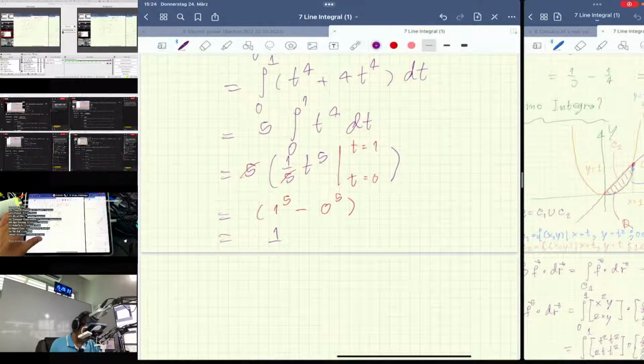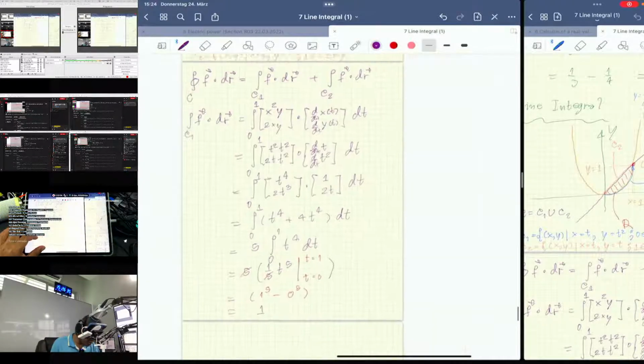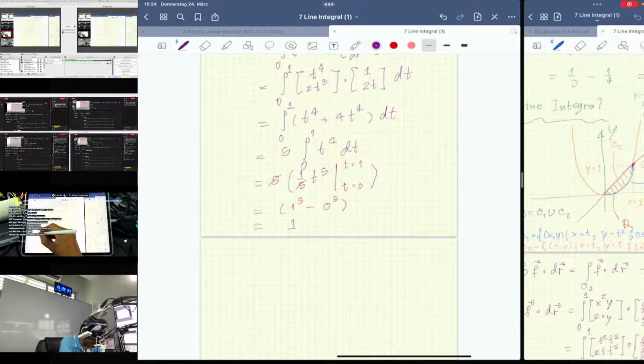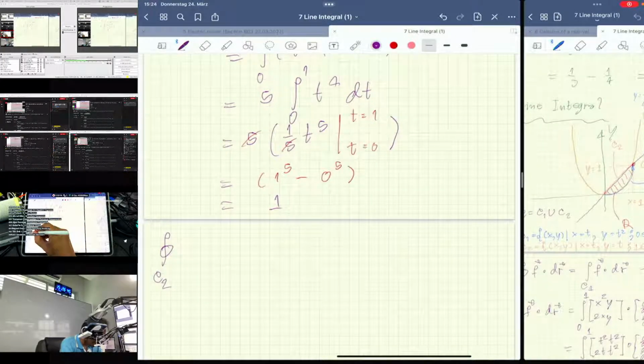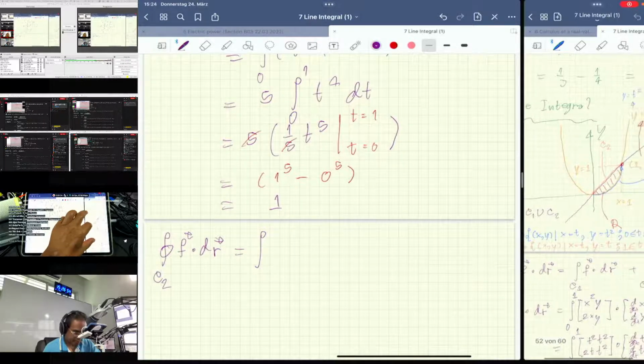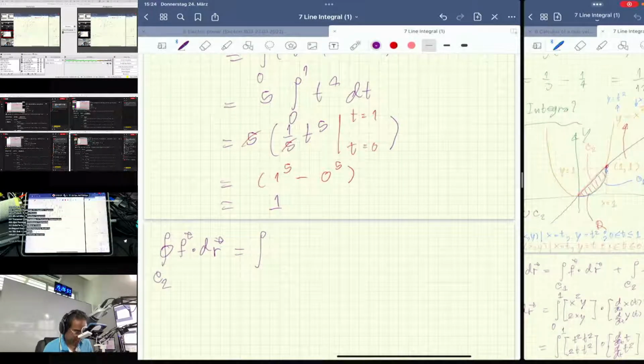Okay, let's consider the second contour. Integration along the second contour of the vector f dot dr, and the integration is made from 1 to 0, a to b.